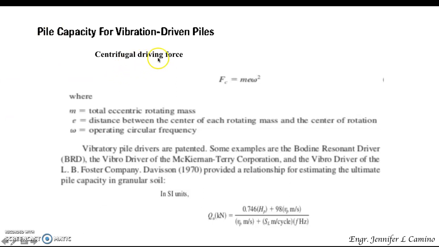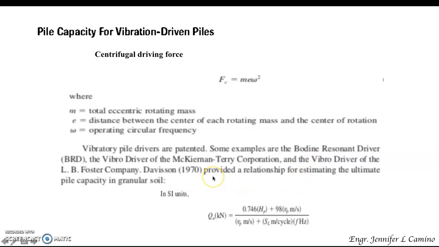So for the centrifugal driving force, this is the equation, which is M, total eccentric rotating mass, times distance between the center of each rotating mass and the center of the rotation, times operating circular frequency raised to the second. So the vibratory pile drivers are, of course, patented. Some examples are given, or under Bodine resonant driver.